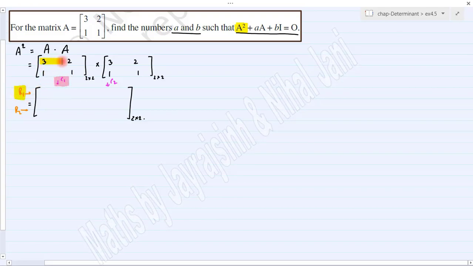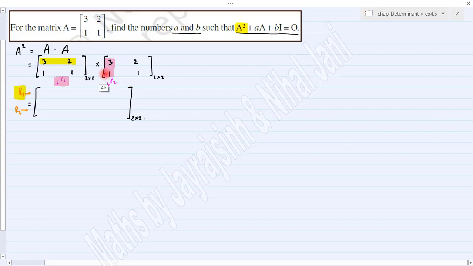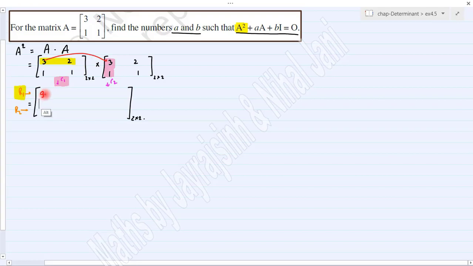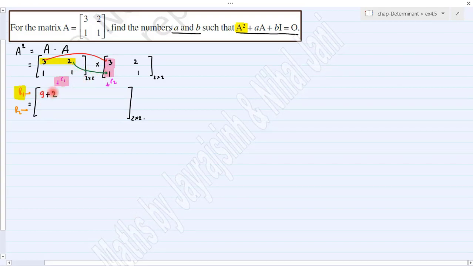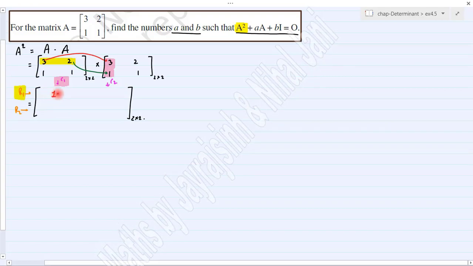So we have to multiply elements of first row of first matrix and first column of second matrix. So here we'll get 3 3s are 9 plus 2 1s are 2. Or we can say 9 plus 2 will be 11.